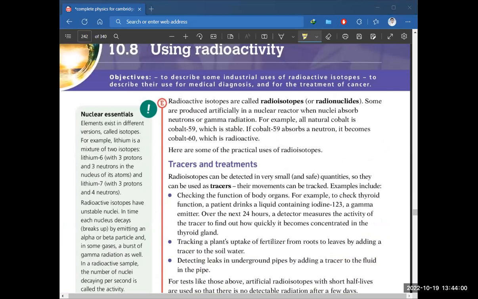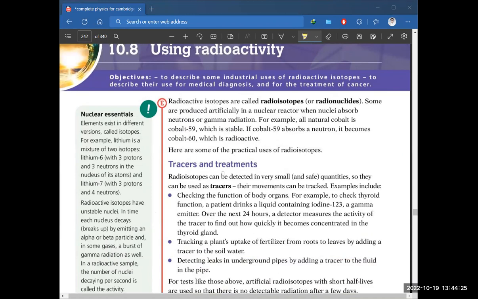Radioactive isotopes are called radioisotopes or radionuclides. Some are produced artificially in a nuclear reactor when nuclei absorb neutrons or gamma radiation. For example, all natural cobalt is cobalt-59, which is stable. If cobalt-59 absorbs a neutron, it becomes cobalt-60, which is radioactive. All right.